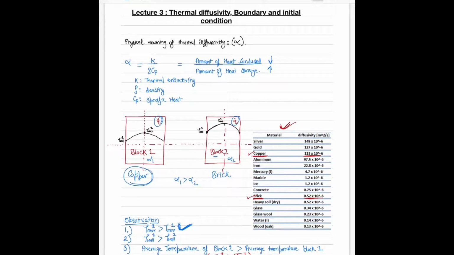This is because most of the heat in the copper block will be conducted rather than stored, but in the brick most of the heat will be stored rather than conducted. That's why the maximum temperature in block 2 will be higher than in block 1, and the same will happen with the wall temperature.